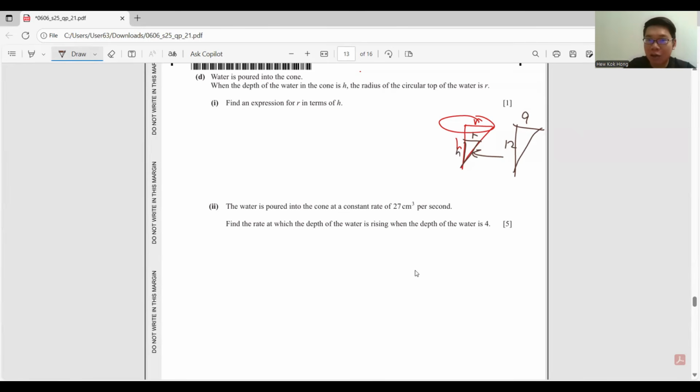So we use the ratio, small triangle over large triangle. When the small triangle is r, the large triangle is 9. The small triangle is h, the large triangle is 12. So we know r is 3/4 h. That's why it's only 1 mark.